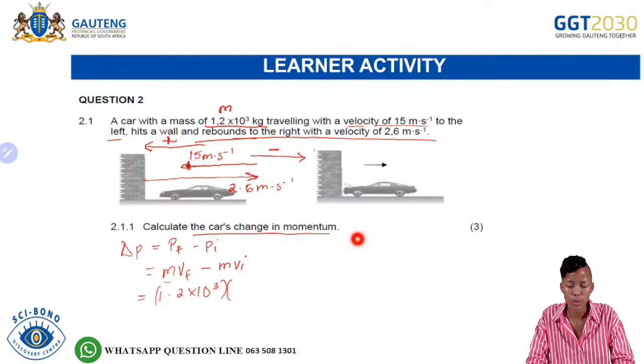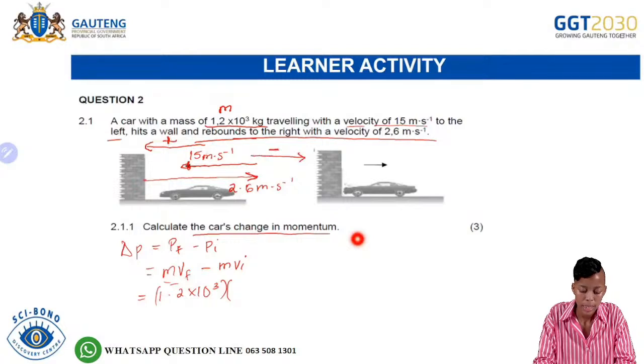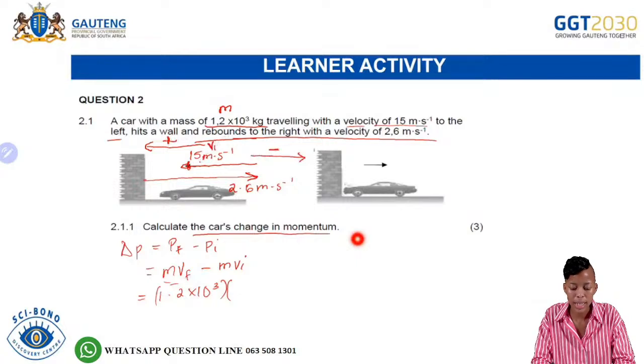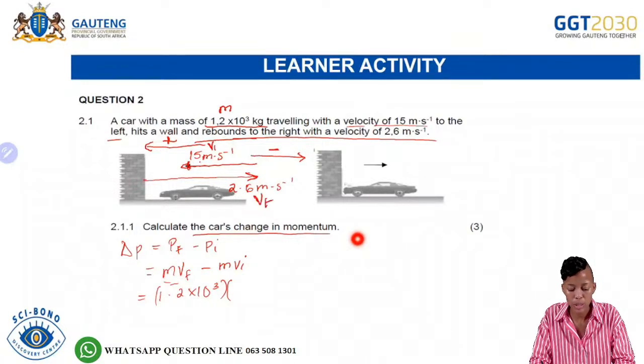So what are we going to do from there? The final velocity. Initially it was traveling at 15 meters per second, so this is the initial velocity, and after it rebounds, this is our final velocity.